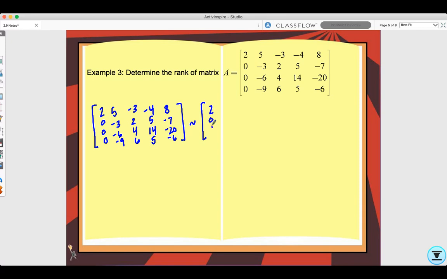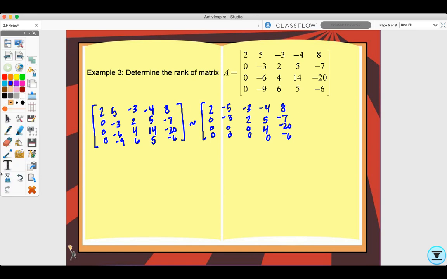So it's 2, 0, 0, 0, -5, -3, 0, 0, -3, 2, 0, 0, -4, 5, 4, 0, and 8, -7, -20, -6, 0.